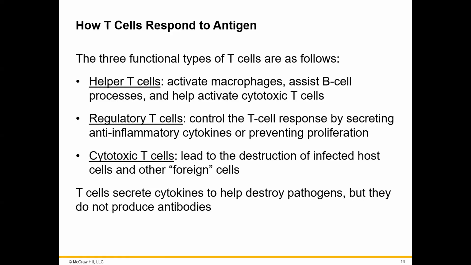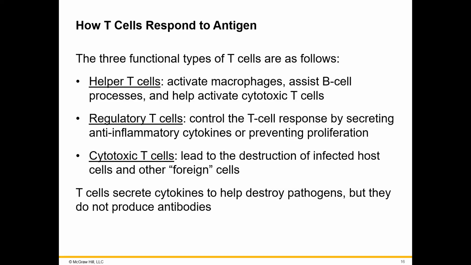So they activate macrophages, assist B cell processes, and they help to activate cytotoxic T cells. The regulatory T cells regulate, so they control the T cell response by secreting anti-inflammatory cytokines, or they prevent proliferation. The last kind is cytotoxic T cells, meaning toxic to cells. So this leads to destruction of infected host cells, as well as other foreign cells.